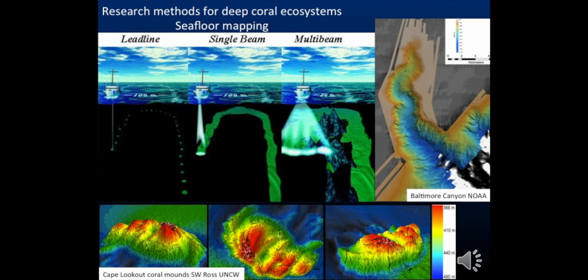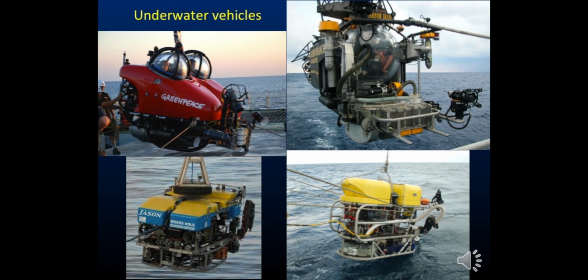These three-dimensional maps of the seafloor are a critical tool for exploring and conducting research on deep coral habitats, as they're used to target expensive underwater vehicles. Rocky complex habitats cannot be studied using conventional bottom sampling gear, such as dredges or trawls, as they're easily hung up and lost.